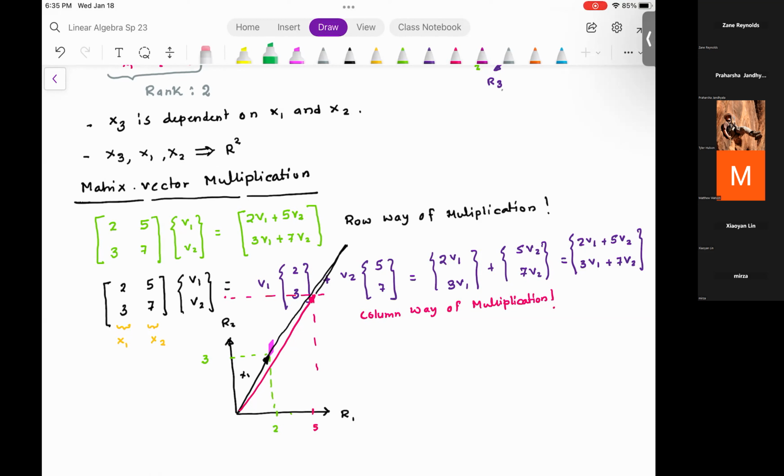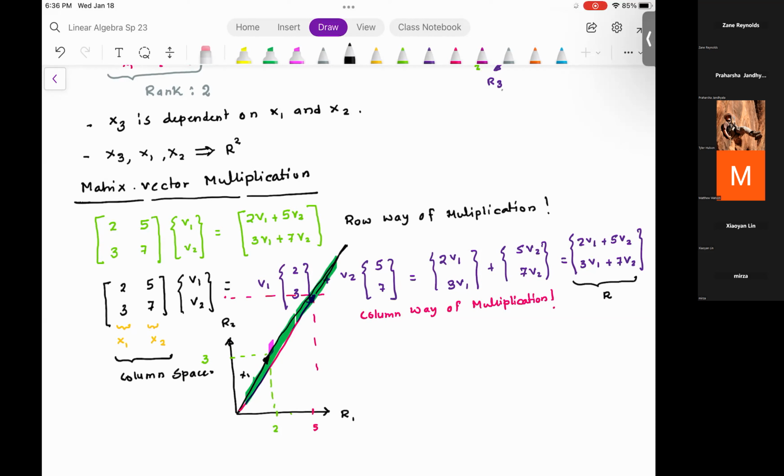This would be the space formed by these two basis vectors. These two basis vectors will enclose this resultant vector. So this resultant is nothing but the algebraic sum of these two basis vectors. And again, x1 and x2 are called the column space. So column space indicates the basis vectors of the multiplication.